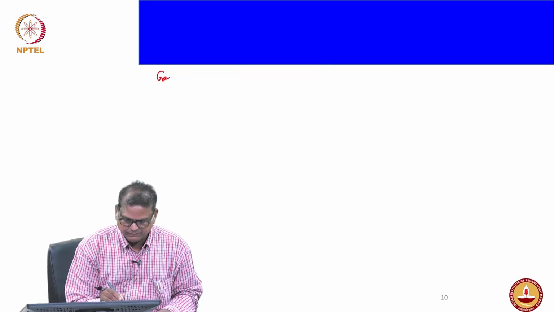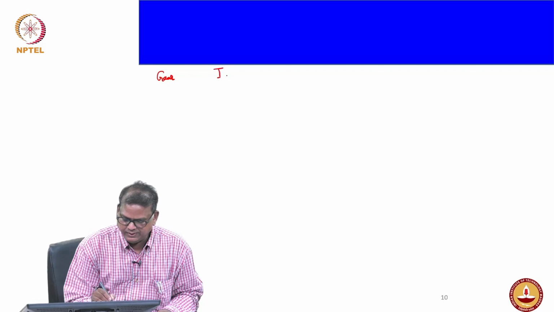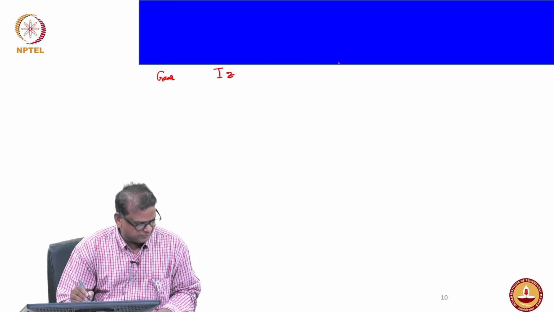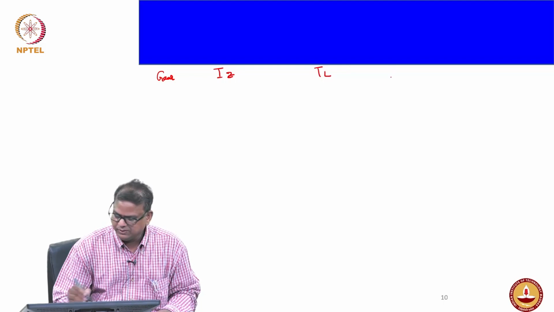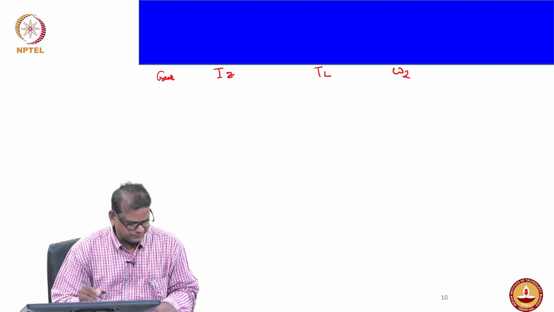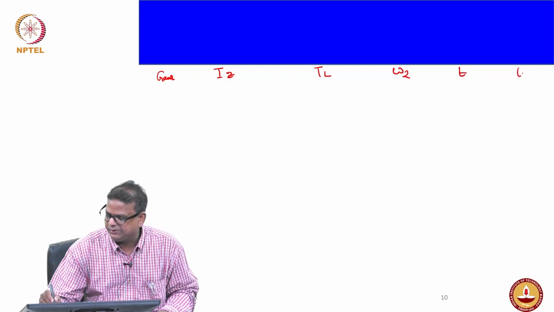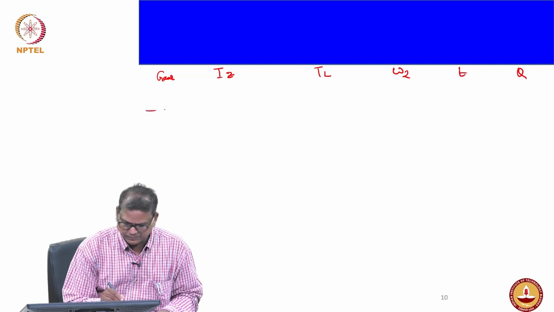So, the gear, okay, Iz is in kg meter square, then your torque in Newton meter, load torque, omega 2, time and Q, right.